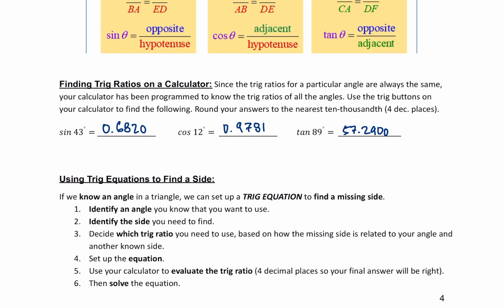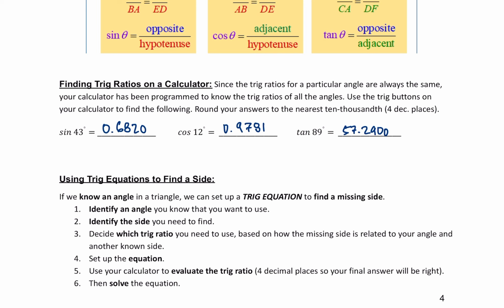Okay, so now let's get into what we are going to be using these for. We're going to need to use our calculator for the sine, cosine, and tangent of specific angles, but we're going to do something similar to last time. Last time we talked about identifying which angle you need, labeling your sides, and then using a trig ratio to find your ratio.